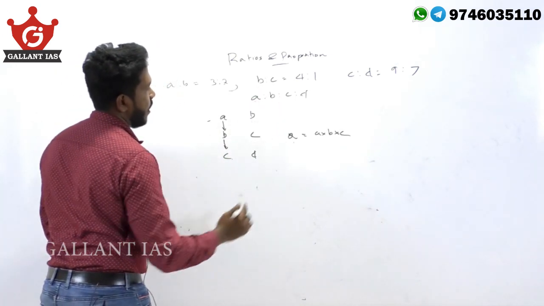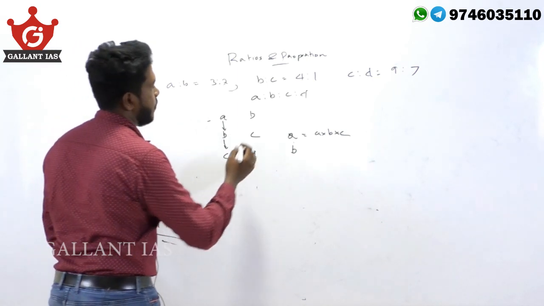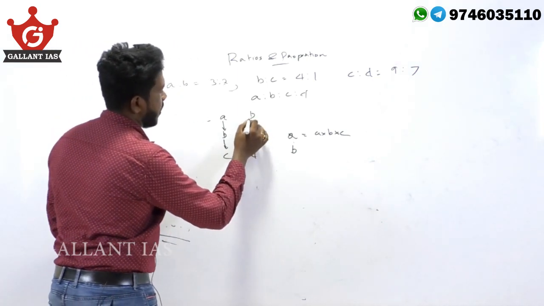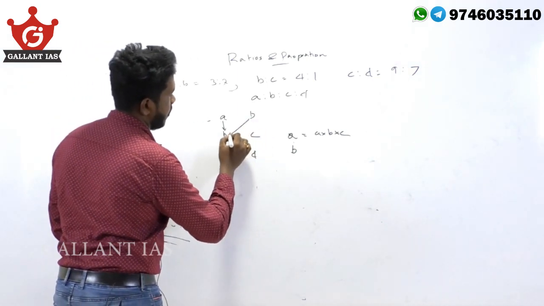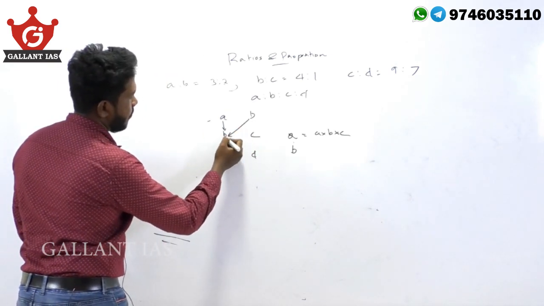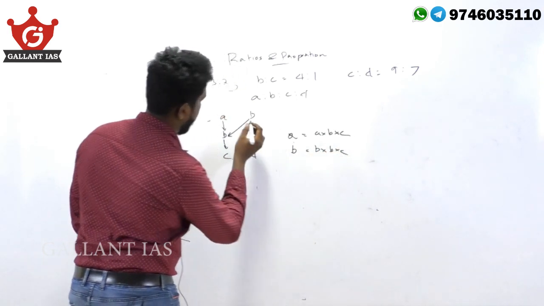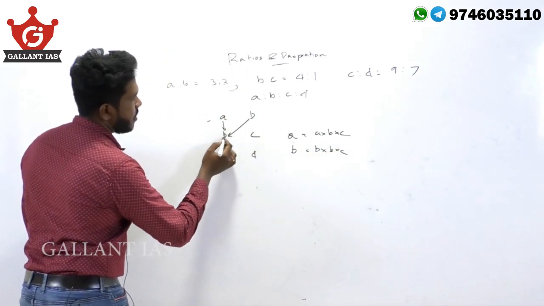The value of A. In order to get the value of B, first of all, multiply along this arrow, B to B, then B to C, that is B into C.